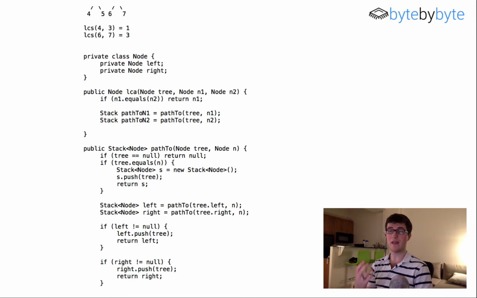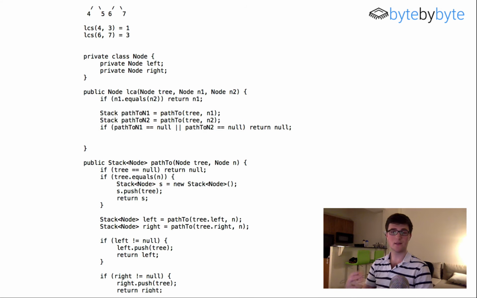Then if either of them is null, it means that one of those nodes is not in the tree, and that's going to mean that they're not going to share any ancestors. And so if path to n1 equals null, or path to n2 equals null, then return null.